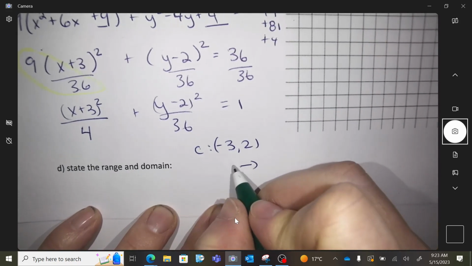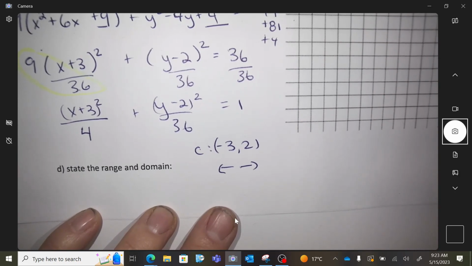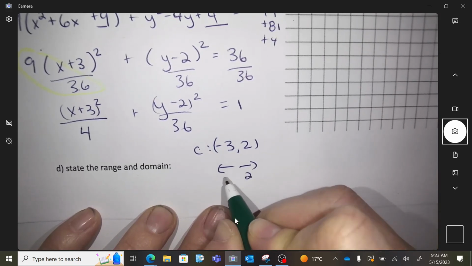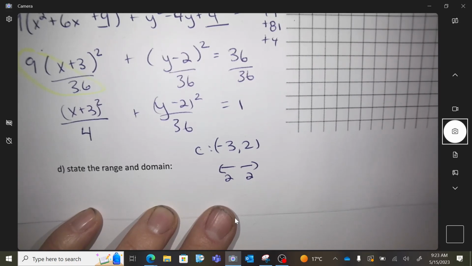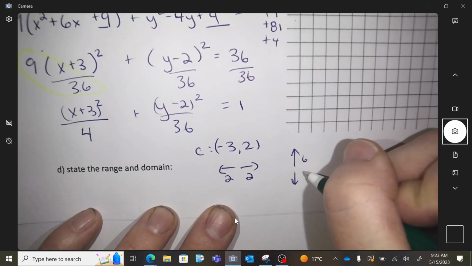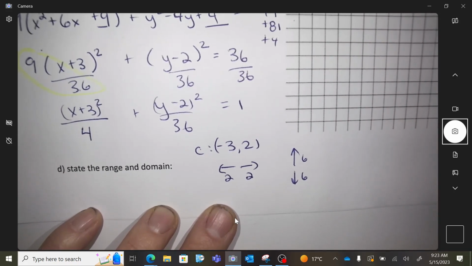And then, does anybody have a good word? I'd like to just call this a radius, but it's not really. The horizontal radius, we'll say, is 2. And the vertical radius is 6.